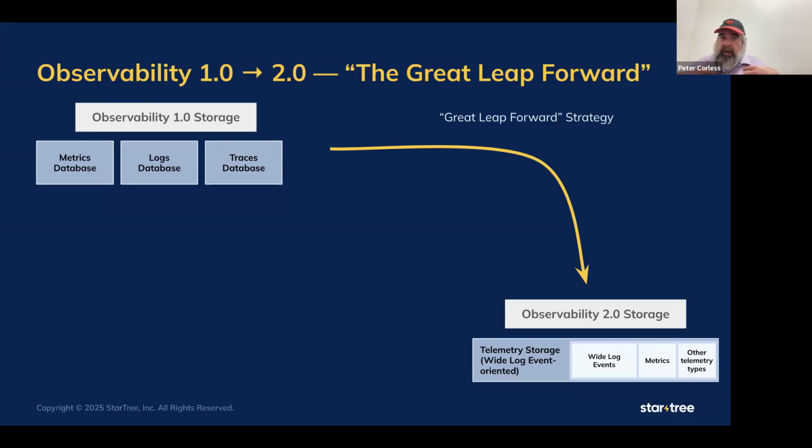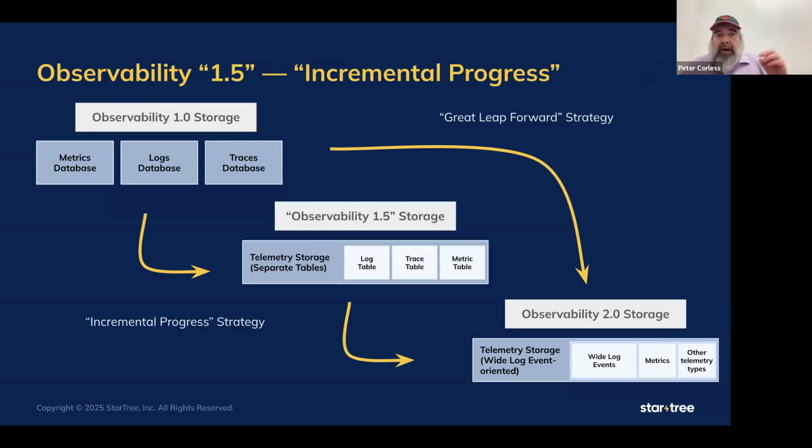And so what we've found here, and this is the experience we're getting at StarTree, is a lot of customers say, don't worry about changing the telemetry types yet. The first thing we want to do is at least round them all up into a common data repository that can scale. And that's where we'll talk more about how our platform works. But basically, you keep your logs, your traces, your metrics all as the same telemetry types, but at least they're in a common repository.